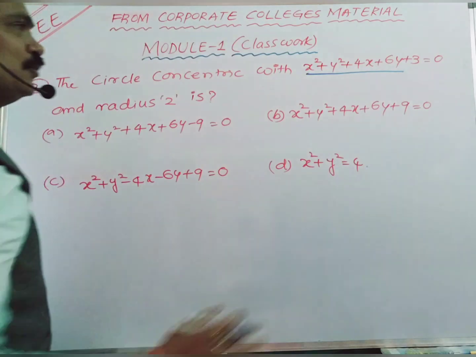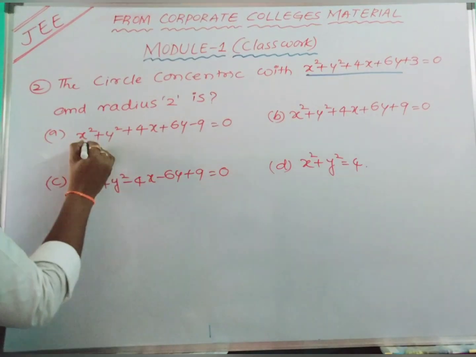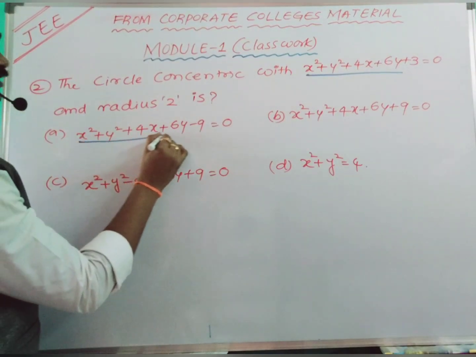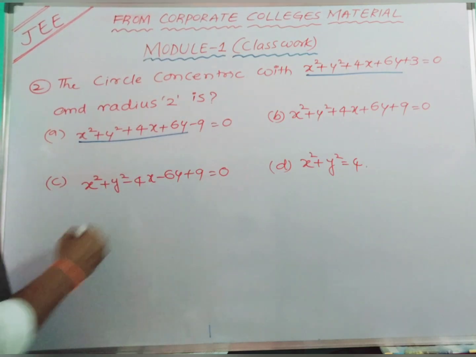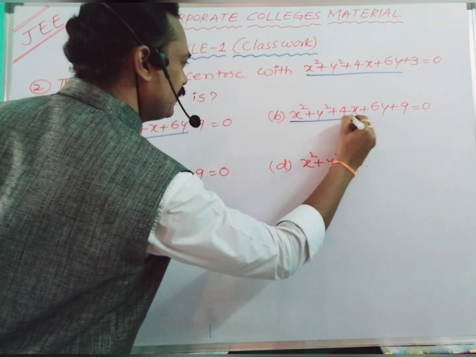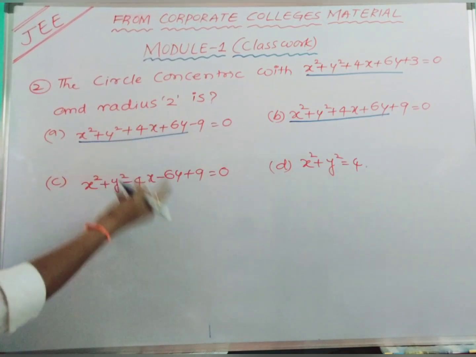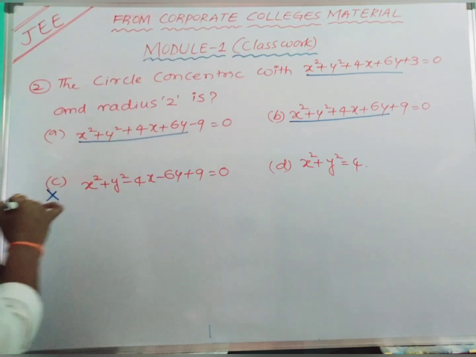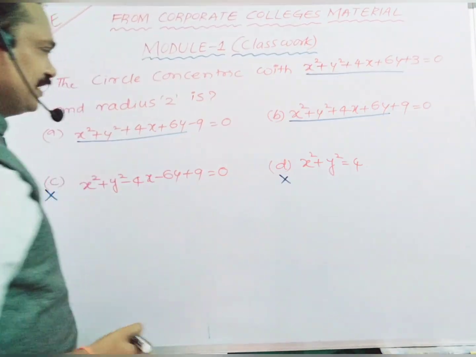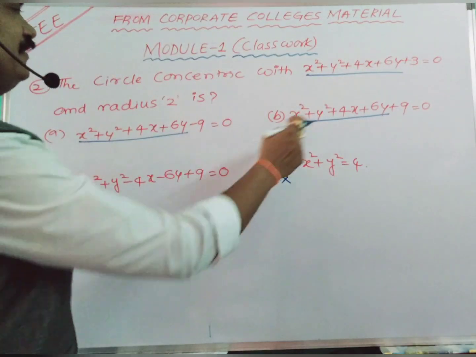So here x square plus y square plus 4x plus 6y is the same, and here also x square plus y square plus 4x plus 6y is the same, and here there are no as-it-is terms, so it is a ruled out option. This is also a ruled out option. Okay, we confirmed these two circles are concentric with this circle.